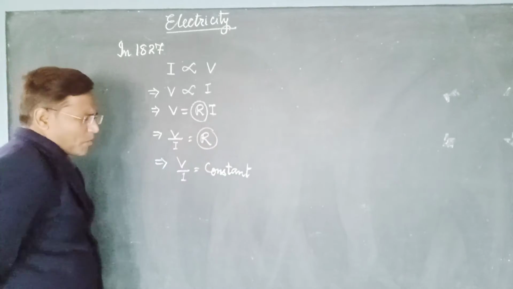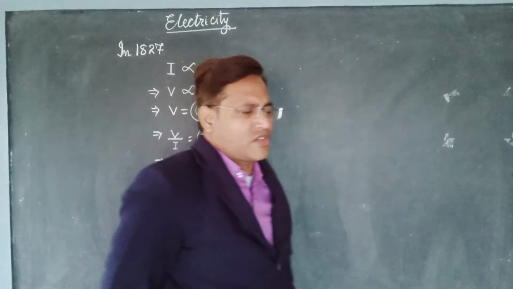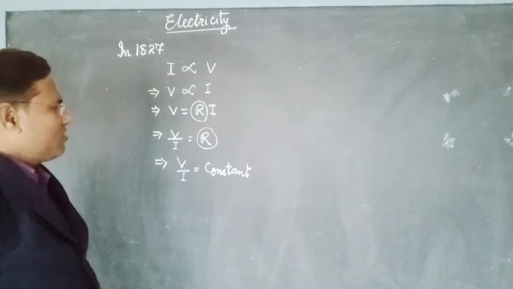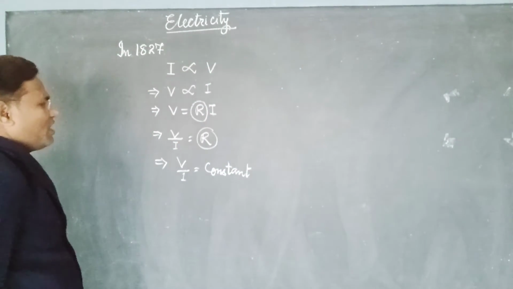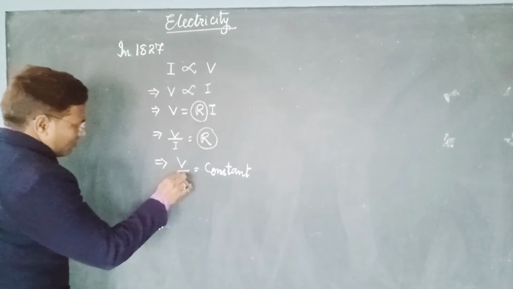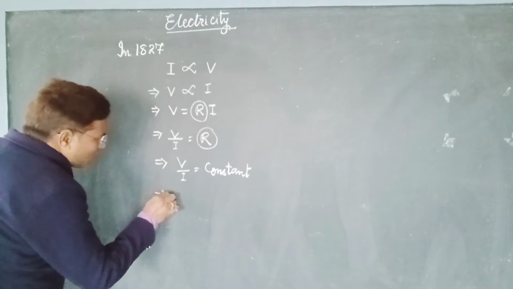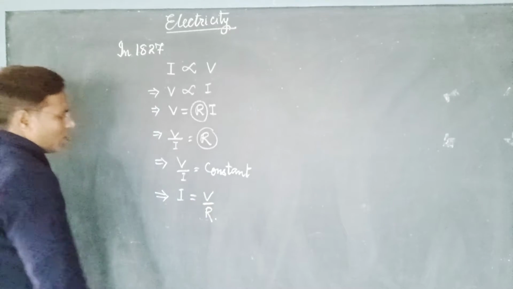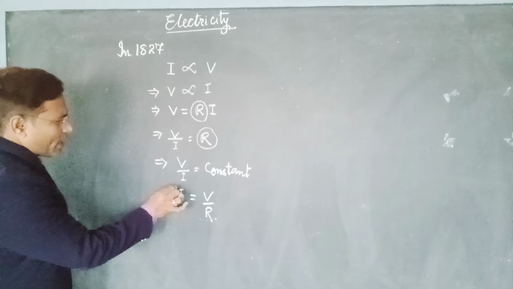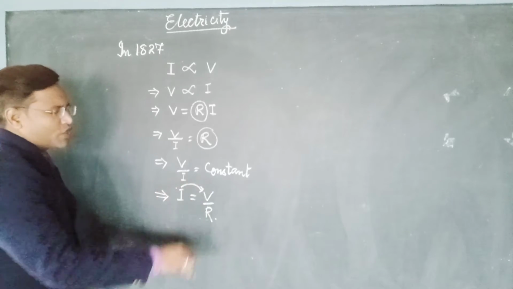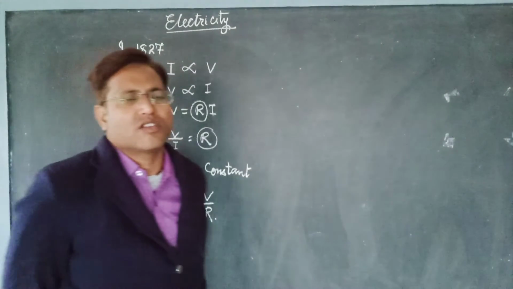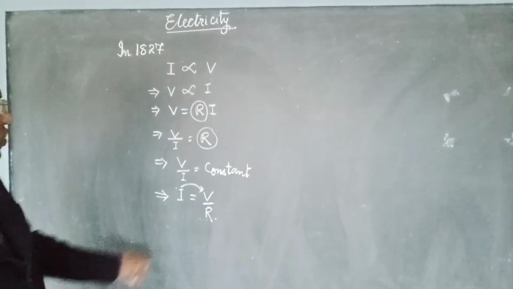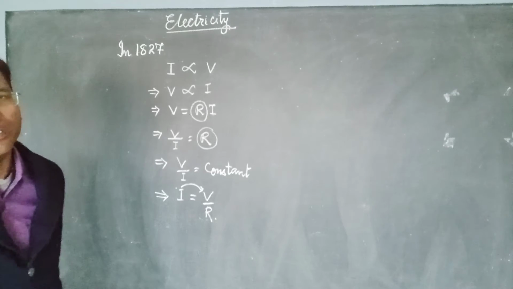This R is the proportionality constant. So we see here that V by I is constant. Now I can say it this way also, that I is equal to V by R. That means the current flowing through a conductor is directly proportional to the potential difference across the ends of the conductor and is inversely proportional to the resistance of the conductor.